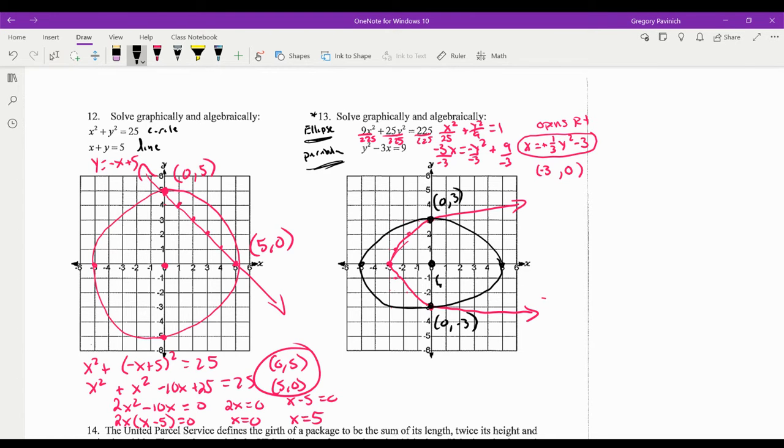Yep. And you would plug your x in up for probably, I would just write 9 times 1/3 plus 3 squared plus 25 squared equal to 225. And everything should come out pretty nicely since it comes out to 2.